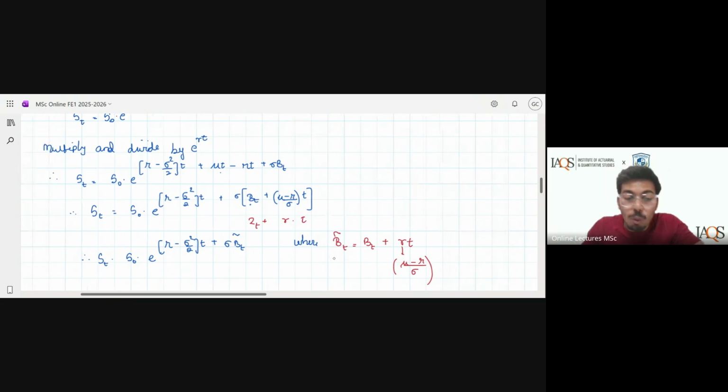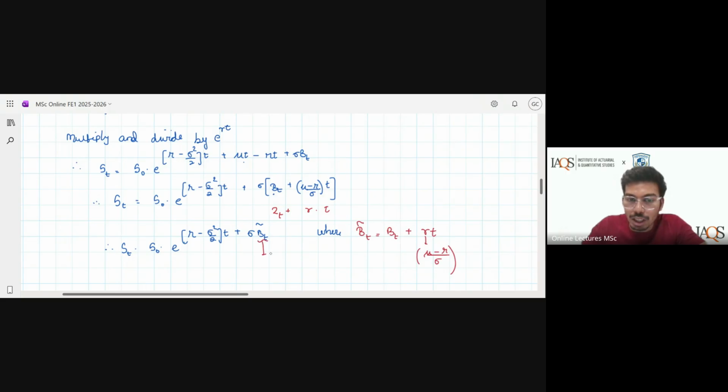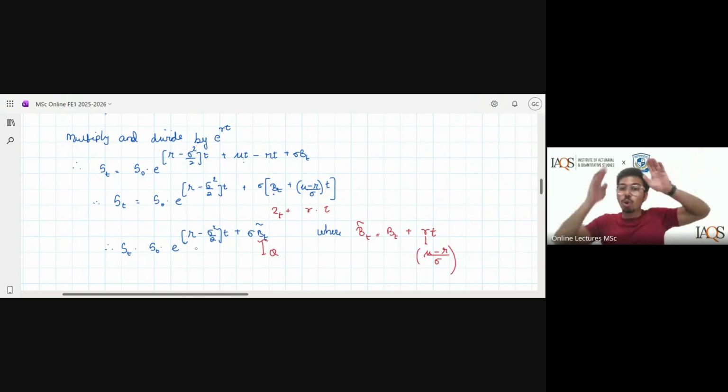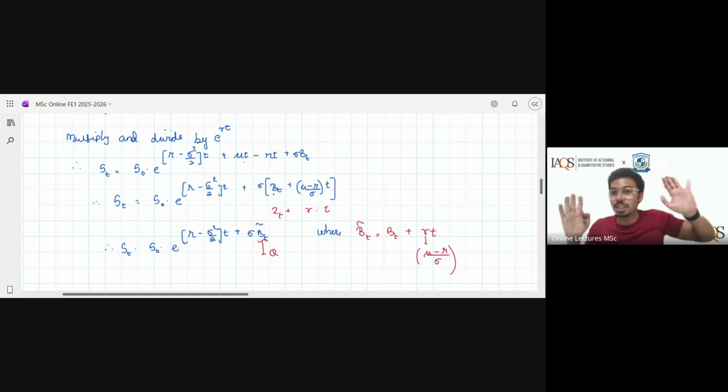Now what happened is, can I say this is under Q? Because B tilde t is ideally SBM under Q. And if you'll go to that table, if you remember in the binomial model, we drew a table, a comparison between P and Q. We wrote risk neutral probability, we wrote real world probability, we proved P is greater than Q, and under risk neutral we proved S0 is equal to expectation of ST into e raised to minus rT.